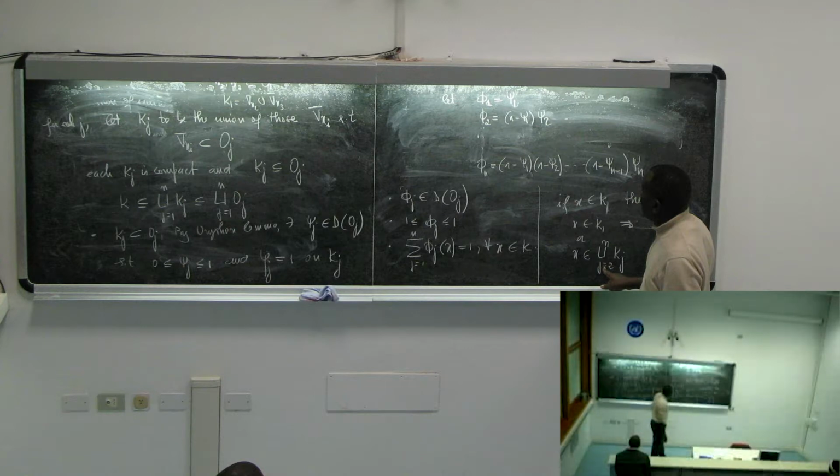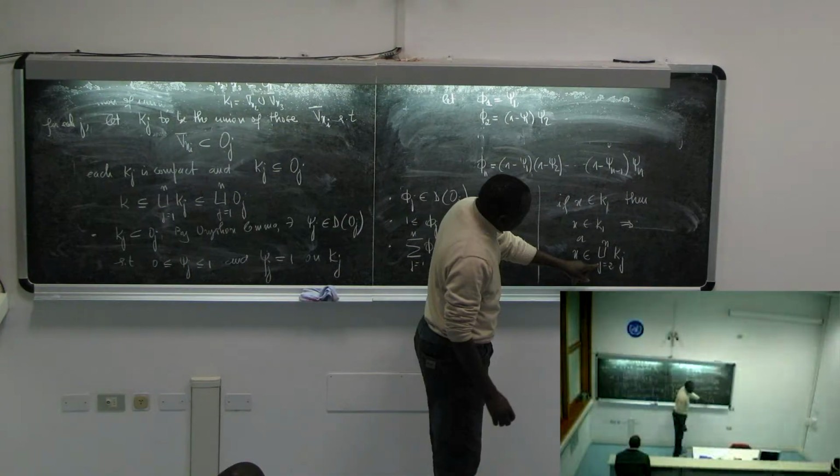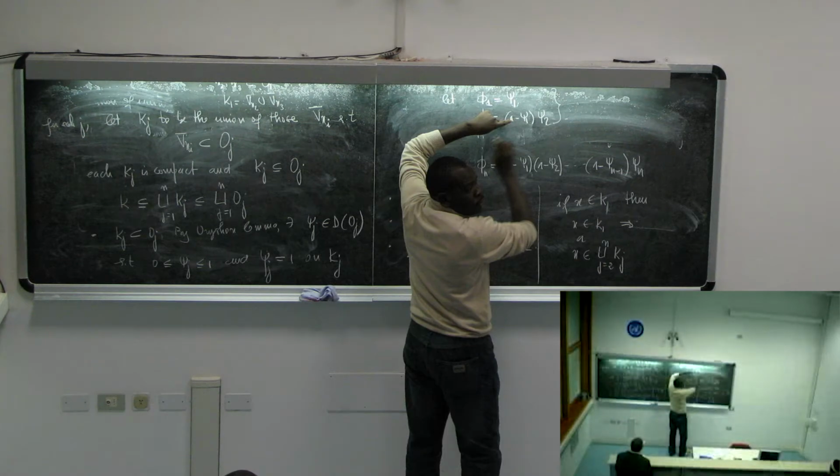Because if x is in K2, for example, then after K2 all terms are equal to 0, and it remains only these two terms. This is 1, and we have psi 1 plus 1 minus psi 1, and we get 1.